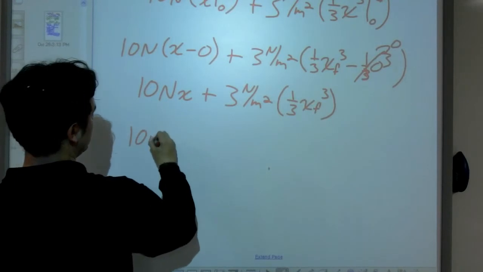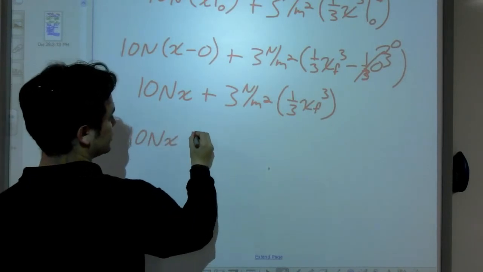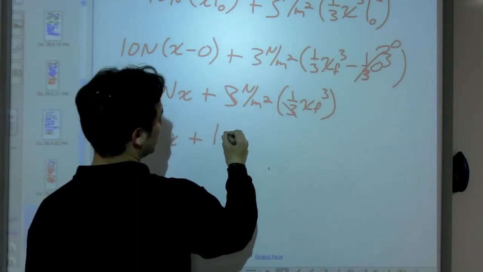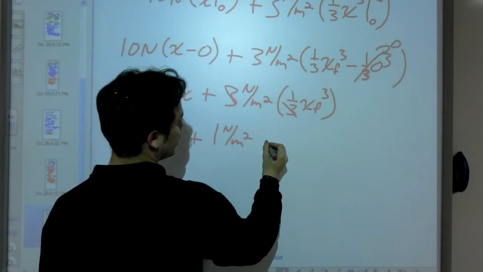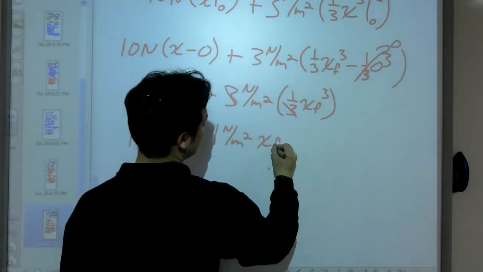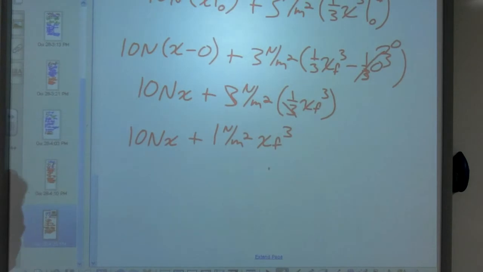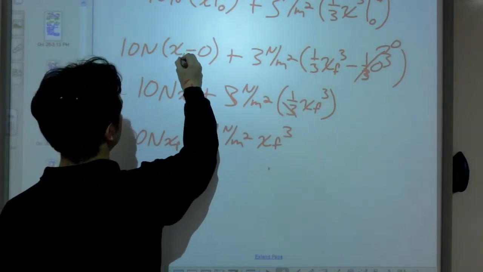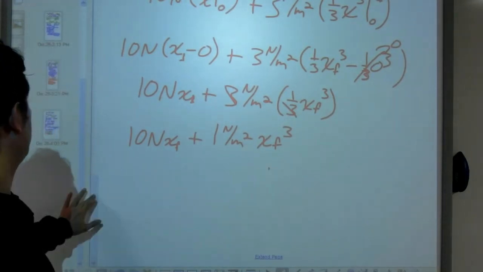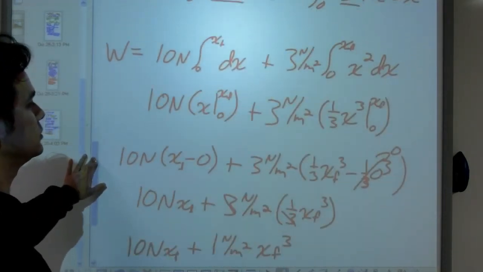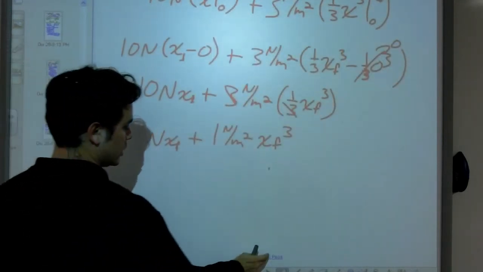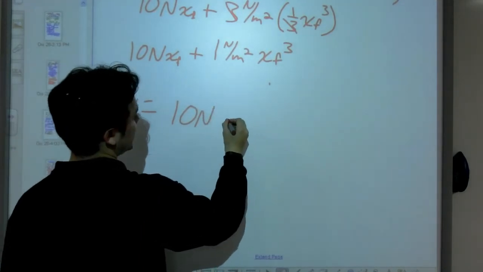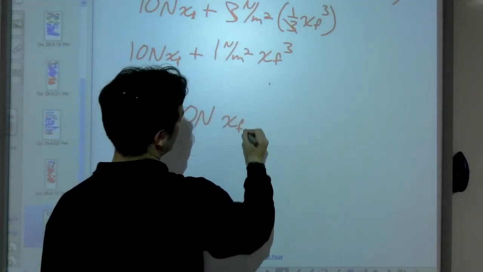We end up with 10 newtons times x plus, these 3's cancel out, and I'm left with 1 newton per meter squared times x final cubed. Oops, look at me, bad form all over the place. Okay, so this is what my work is. My work equals 10 newtons times whatever arbitrary final position of x.